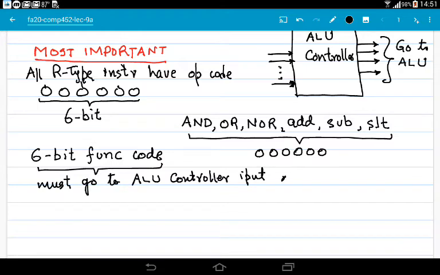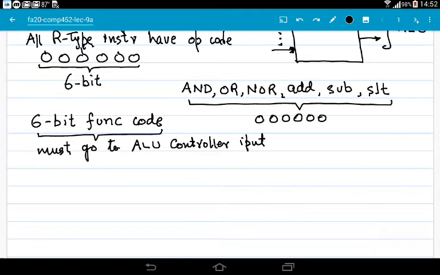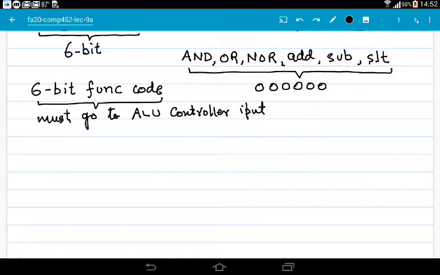So that the ALU controller can correctly set its output lines, and the ALU performs the correct operation. So we have determined that our ALU controller will have at least 6 inputs.